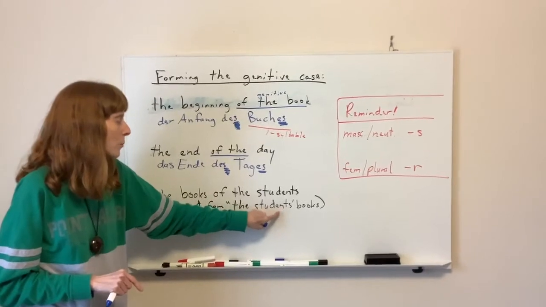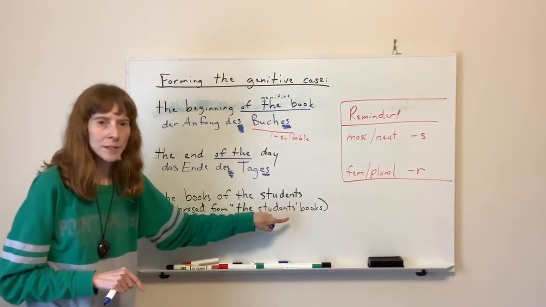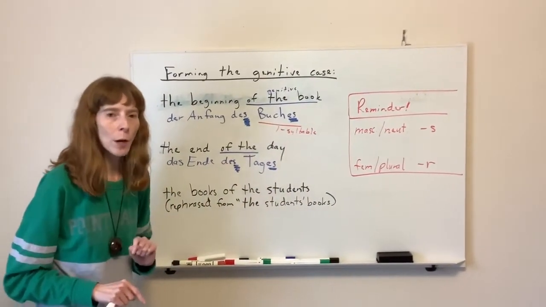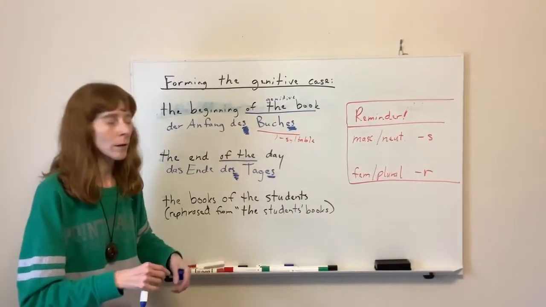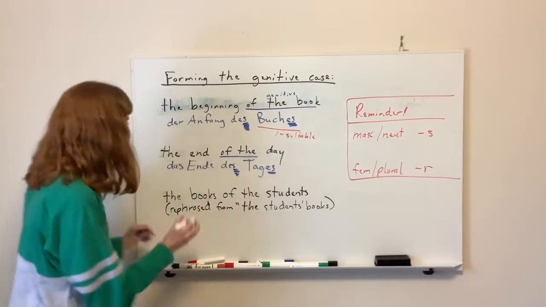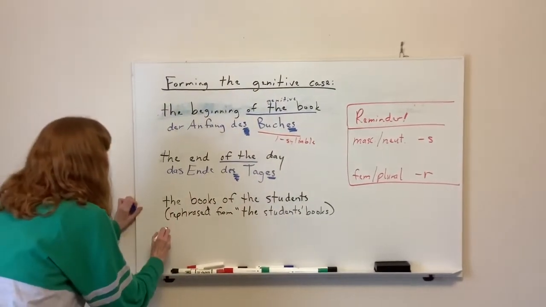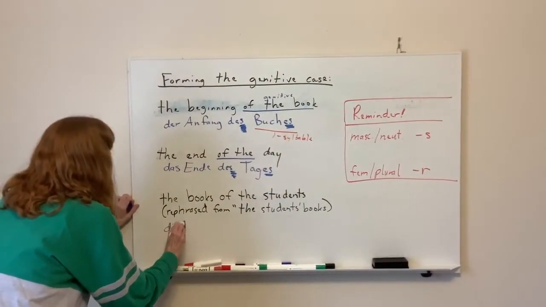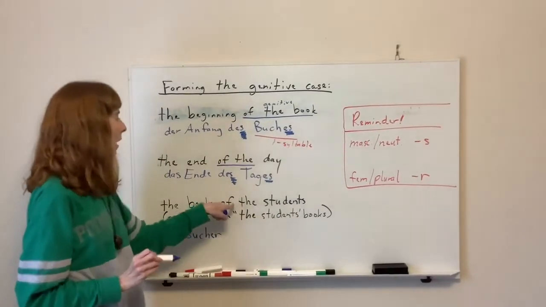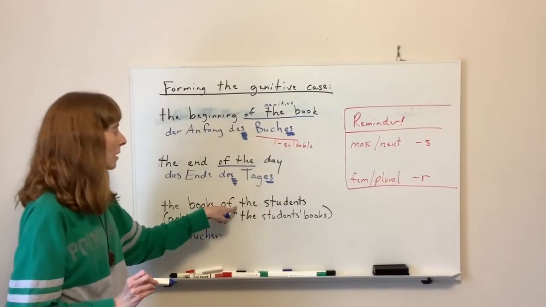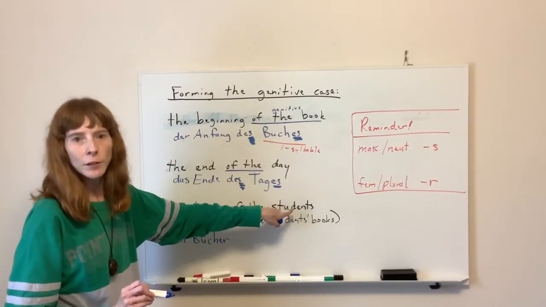We know that we can't put this S on to make a possessive in German unless we have a proper name. So unless I'm just naming all of these students by name, it's not going to work. We have to kind of rephrase it. So, the books, die Bücher, of the. We'll deal with that later. Let's get the word students down first.